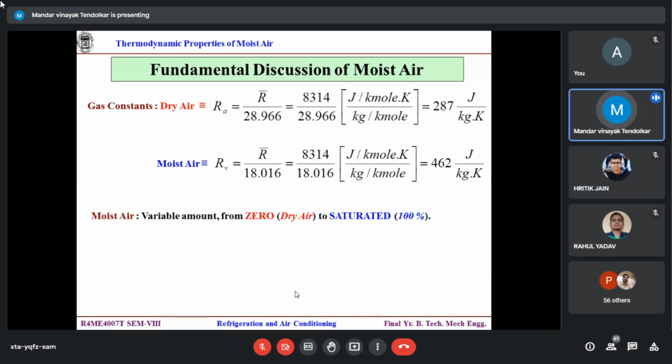And then you say, Mumbai में पसीना बहुत आता है. क्यों आता है? Because the air is already at the saturated level. Saturated means the air is already having the maximum capacity to hold the moisture. You make any change in the temperature, it starts condensing out. And that is what is sweating. Are you getting it clear now?